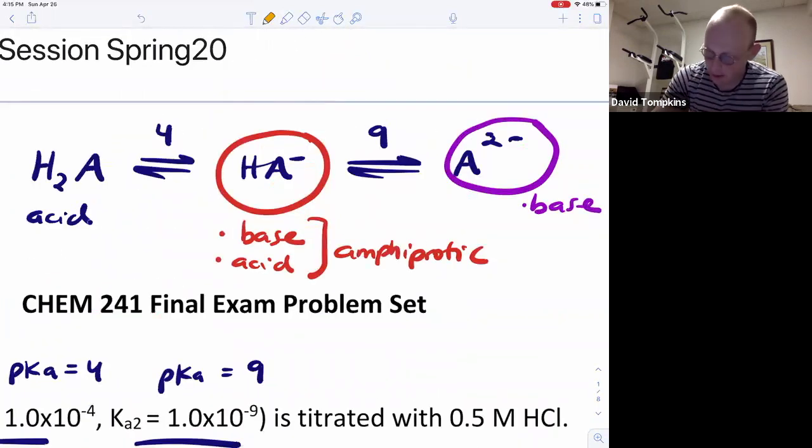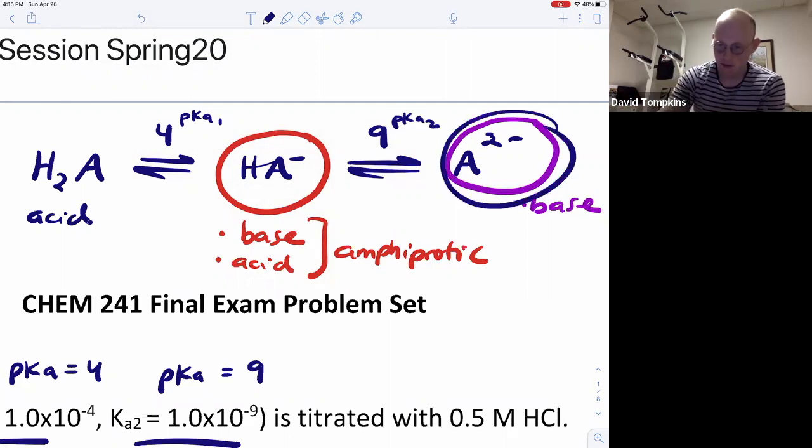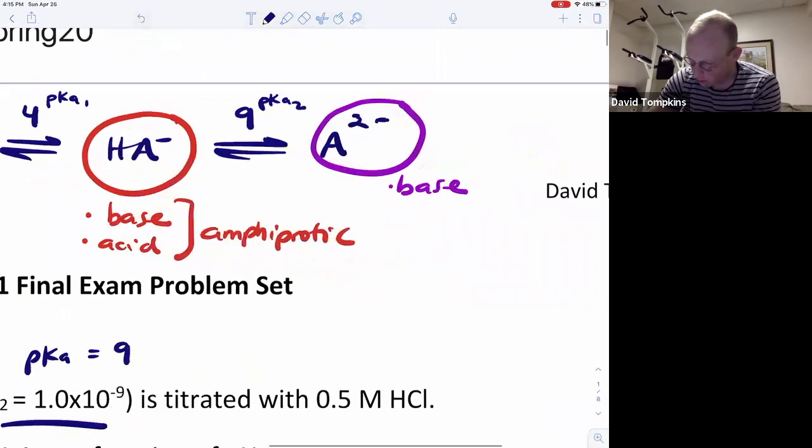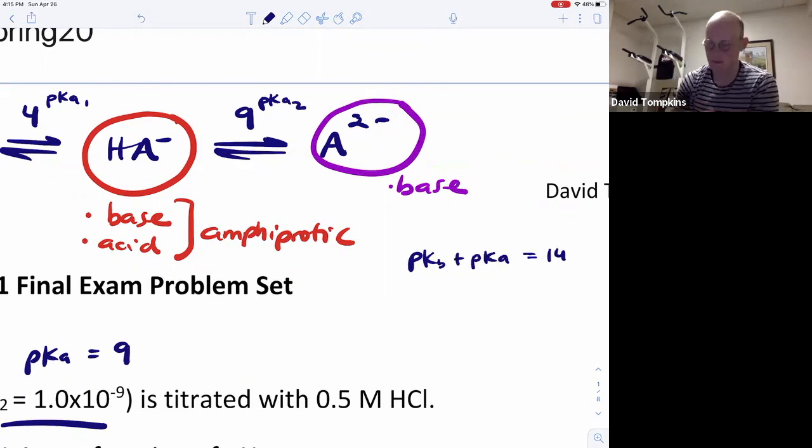So if you look at these pKa's here, this lower pKa, the more acidic one, is pKa1, and the higher one is pKa2. The most basic form is A2 minus. So that should have the highest Kb or the lowest pKb. And recall that pKb plus pKa add to give pKw, 14.